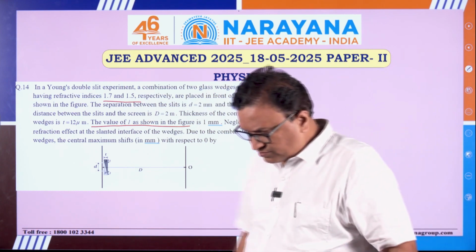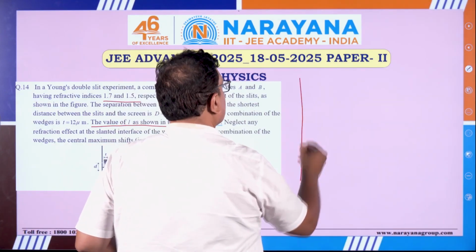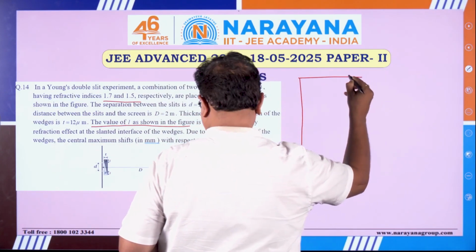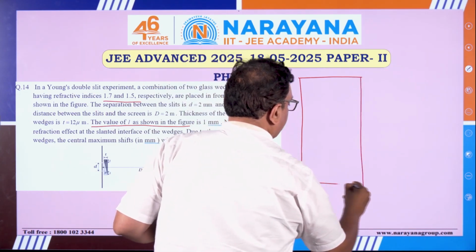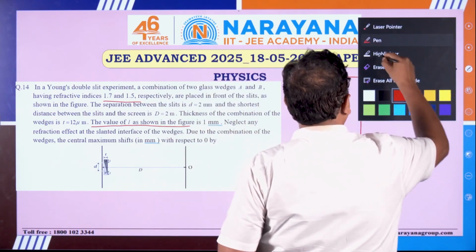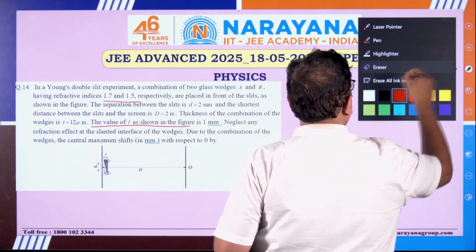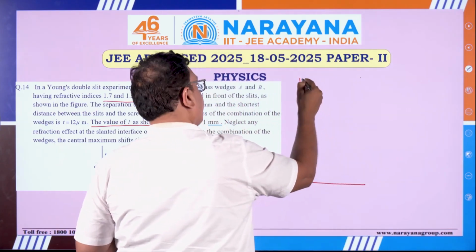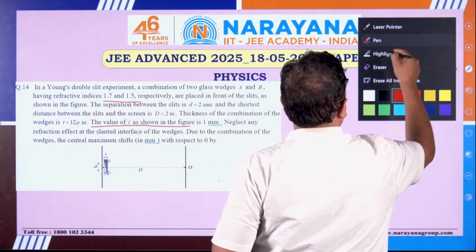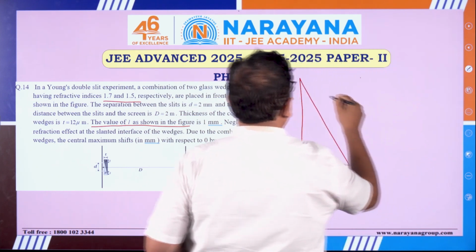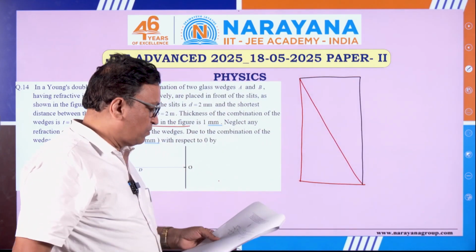Really important for us. For example, if I study this wedge like this, you can identify or distinguish two prisms over here.